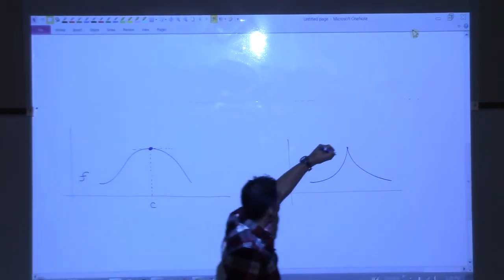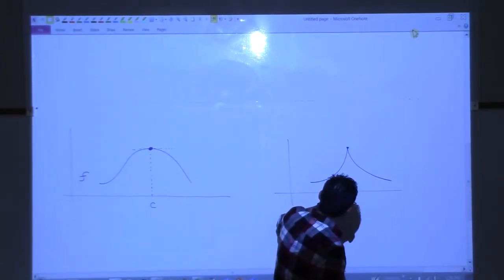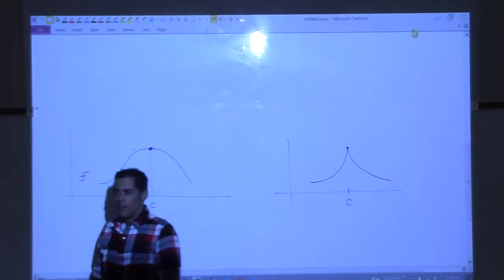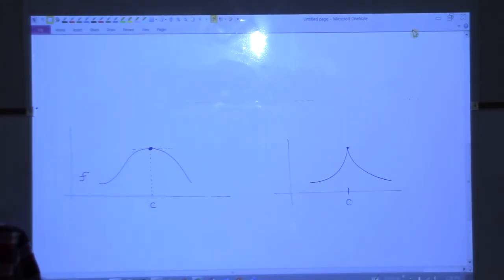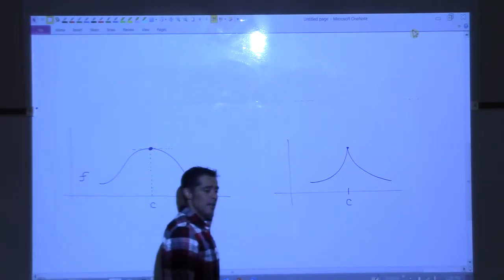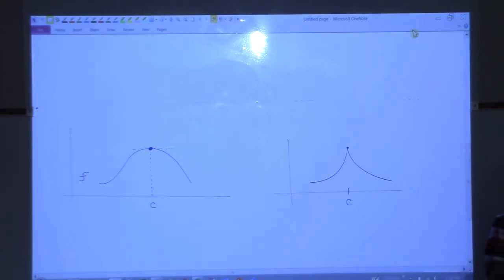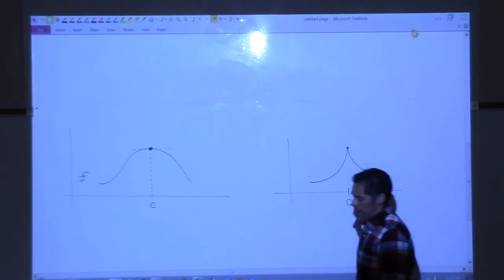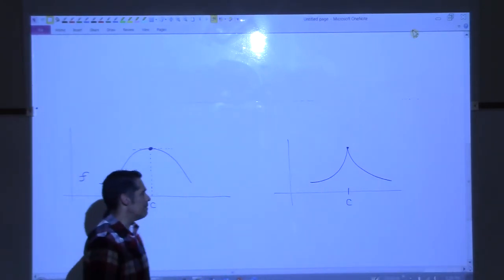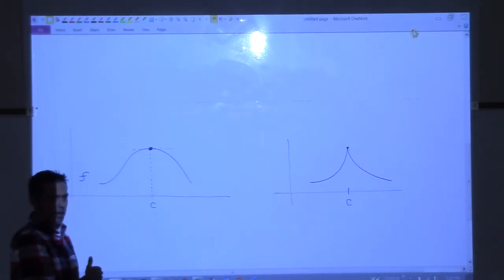This point right here at c is a maximum. But the theorem doesn't apply here because the derivative doesn't exist. The theorem says if you have a max and the derivative exists, then the derivative must be 0. Okay. So it's a good theorem, but it doesn't handle all the cases, right?